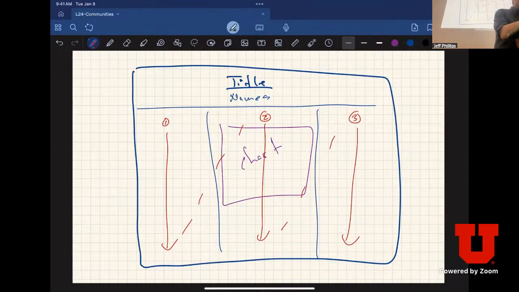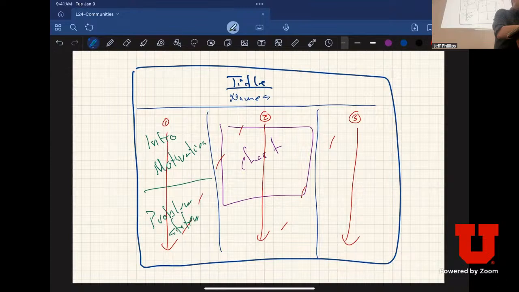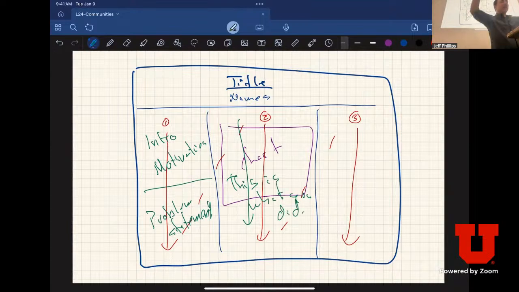You often want the intro and the motivation over here, and maybe a problem statement down here. Then the second column is what you did, the middle of the poster, the cool thing that you did, and if there's a key idea you want to talk about, it goes here.